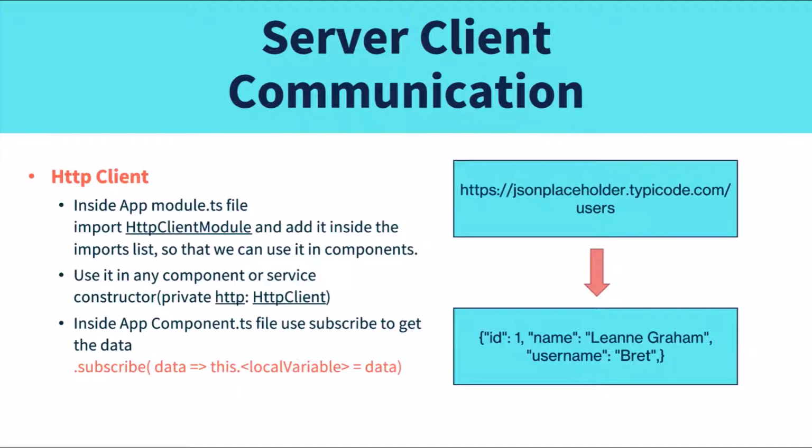So the first thing we did was add the HTTP client module in our imports in the app.module.ts file. Then we created a property of type HTTP client using a short way of doing it inside a constructor, writing private, then the variable name, which in our case was http, and that is of type HTTP client. Later in the component file, we subscribed to it and gave the way we want our data to be. And that's how we transferred the data using services and fetched it from a server.